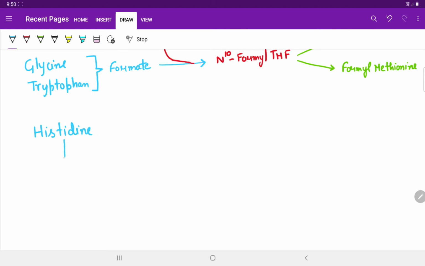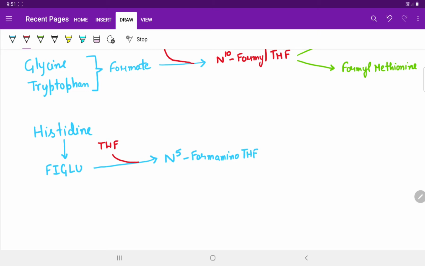The histidine will be leading to formation of an intermediate known as Fi-GLU, sometimes also referred to as FIGLU. So don't get confused in this. Now this is further reacted in presence of tetrahydrofolate and leads to formation of N5 formimino THF.